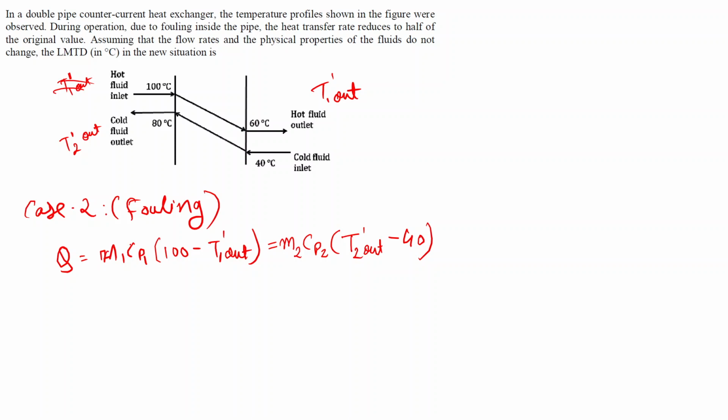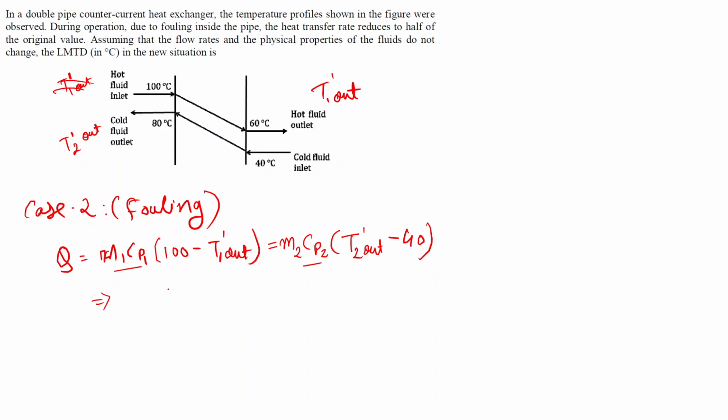So from the earlier case we have M1 Cp1 is equal to M2 Cp2. From this we can get the relation between T1 out and T2 out.